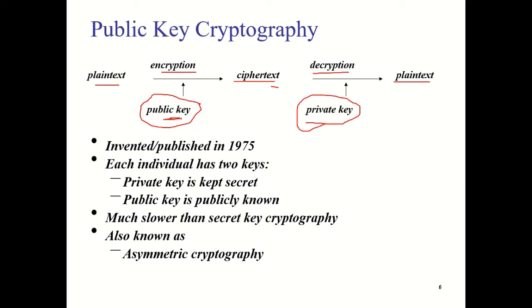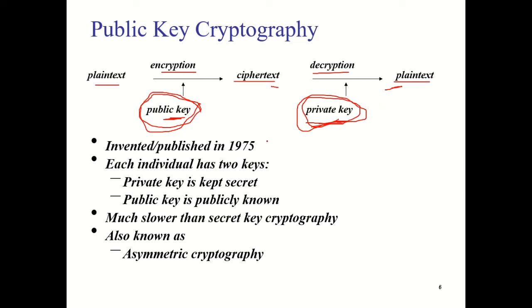This is the public key through which the message is encrypted. Public key means this key is accessible to everyone out there. But at the receiving end, we are using the private key. This key is known to the receiver only, right?